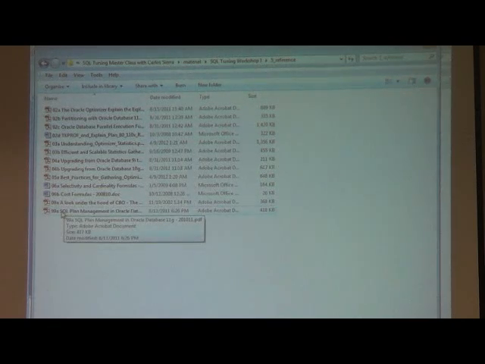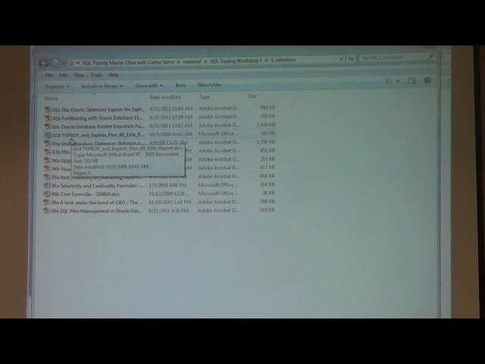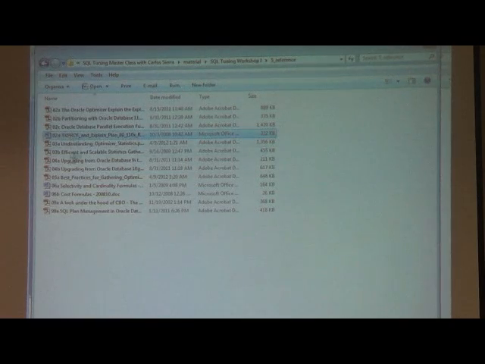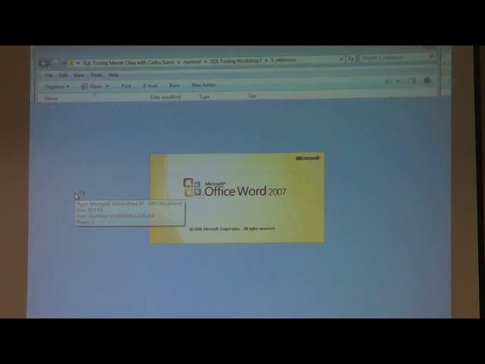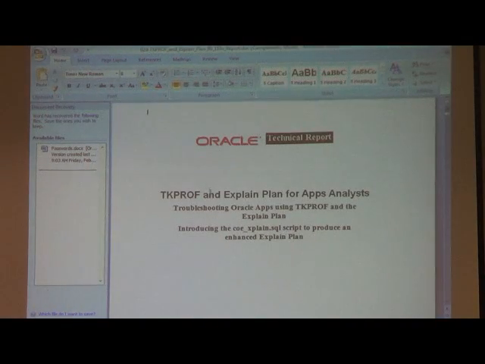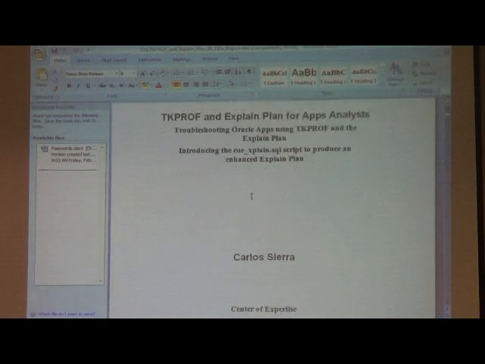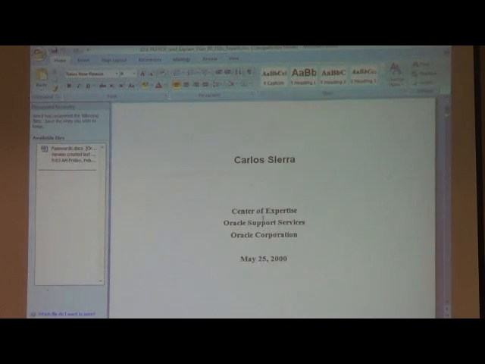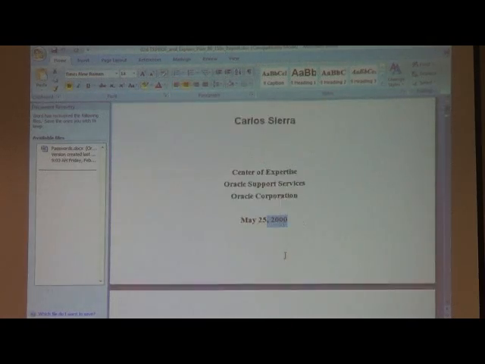For example, just to give you one, to read the execution plan, if you're still struggling understanding the execution plan, you can take this one here, which is more than 10 years old. I wrote this one when I was part of the COE for e-business, year 2000. But it still is valid.